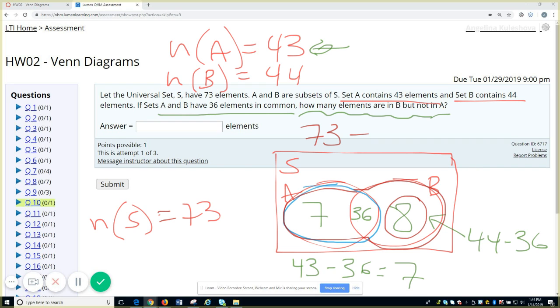Or you can find that by adding 43 and 44 and subtracting 36. So 51. We subtract 51 from 73. That gives me 22 elements. However, we don't need that number because all we're asked to find is how many elements are in B but not A.